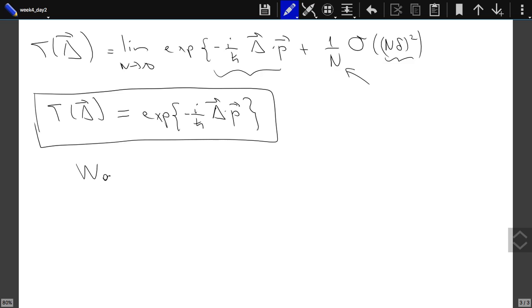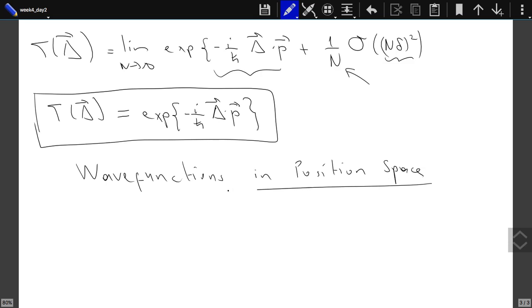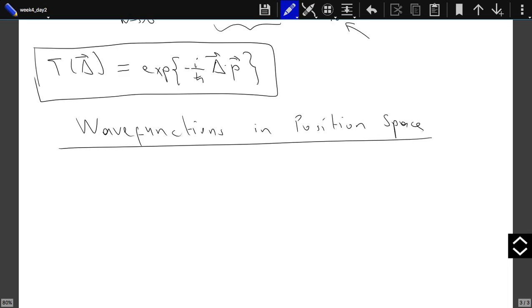Now let's define our wave functions. When we were defining these position kets, we had said that they are complete. Now let me write it in this form. I will just switch to three-dimensional notation.